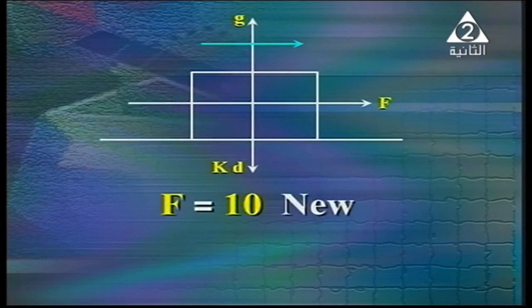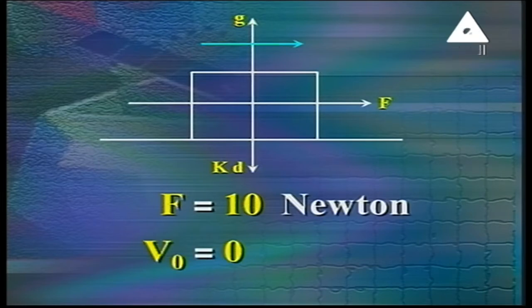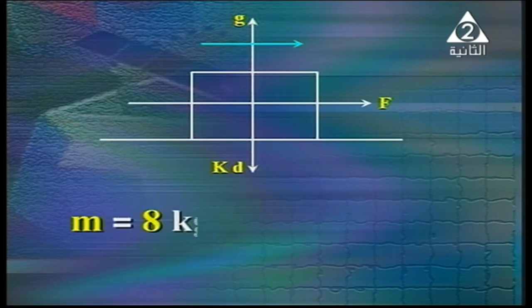Dear student, look, we have force 10 Newton and v naught equals 0. Why? Because the body starts from rest. What do we mean? When the body is at rest, initial velocity equals 0. F equals 10. We use mass equal 8 kilograms.